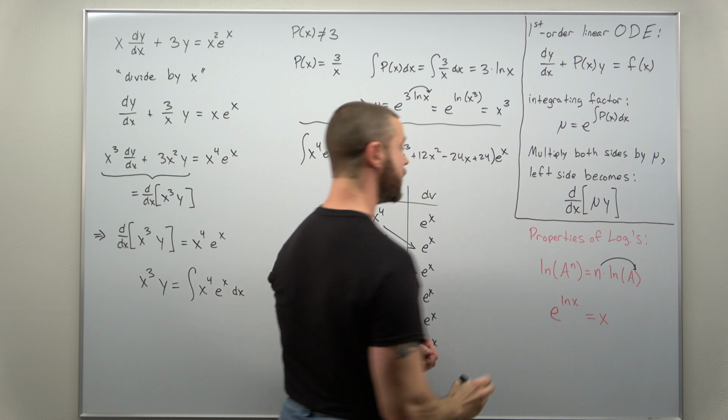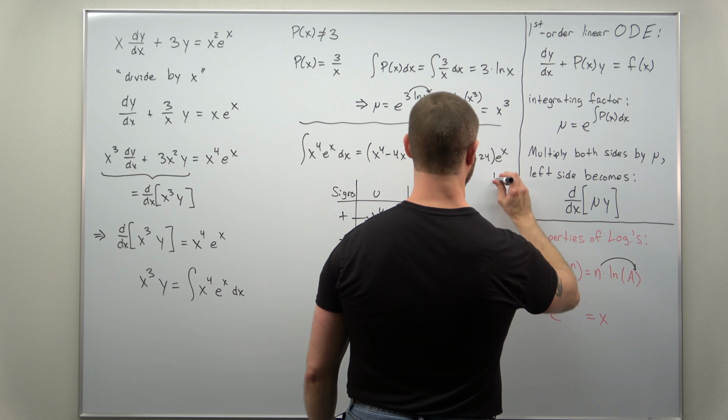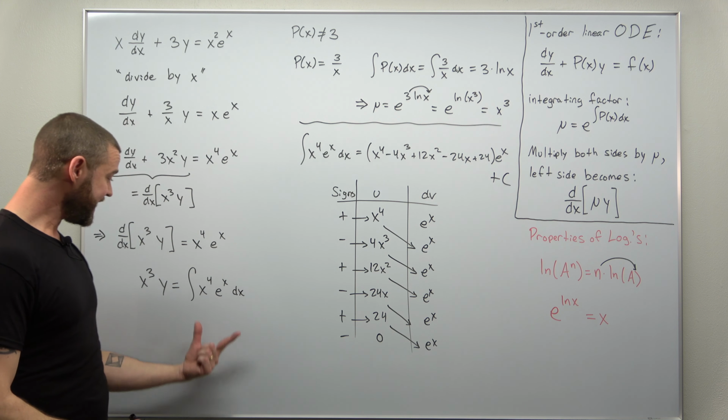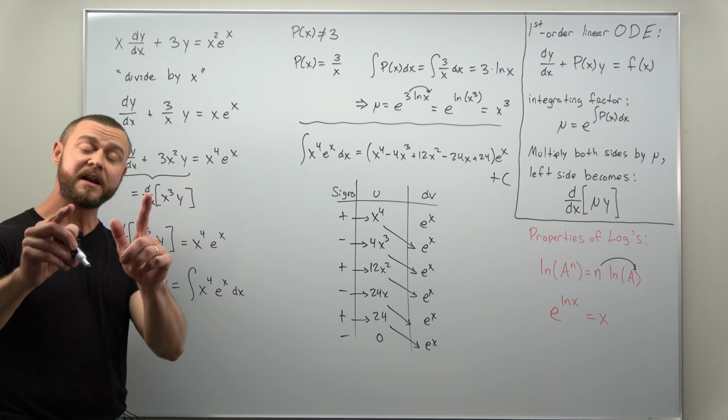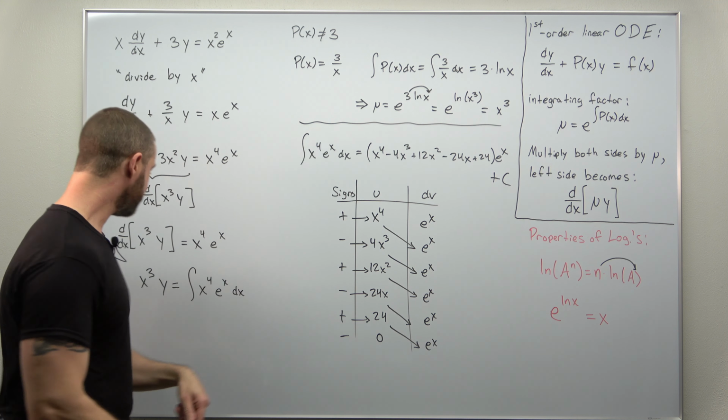All right, and that was where we factored out e to the x. And of course, plus c. All right, and that is the antiderivative here. That is, again, a very awesome shortcut for repeated integration by parts.